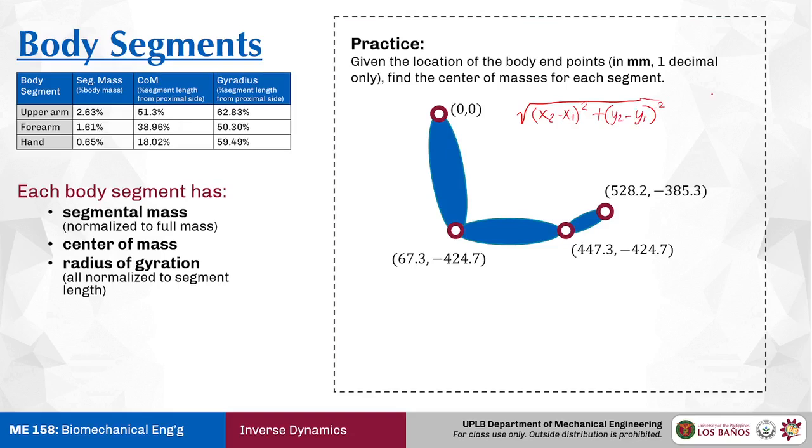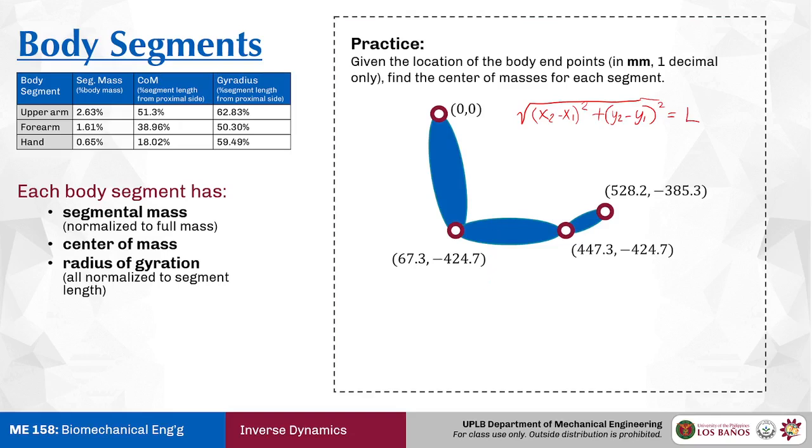This is the basic measurement of distance between points. Make sure that you do not forget this. This could show up at any point in your engineering career. So this is good for measuring the length of each segment.